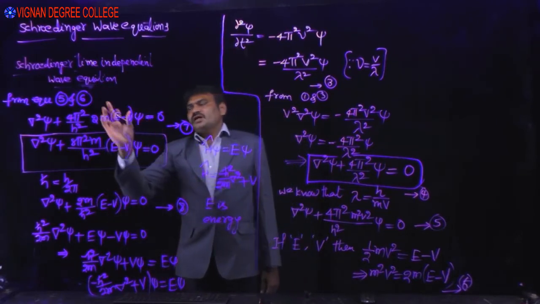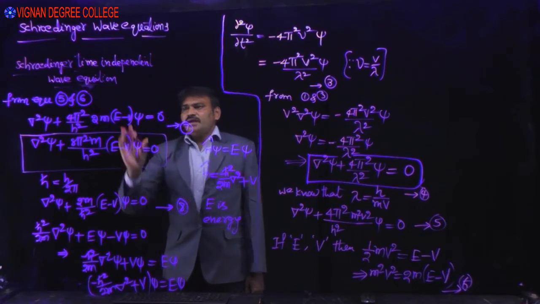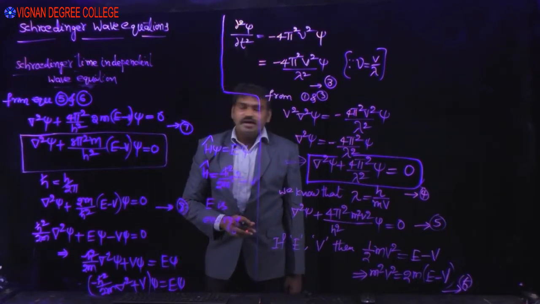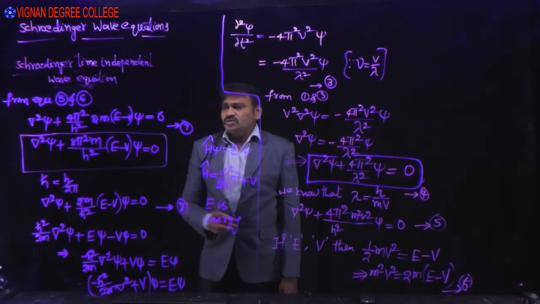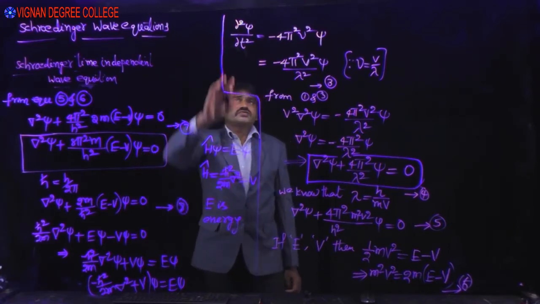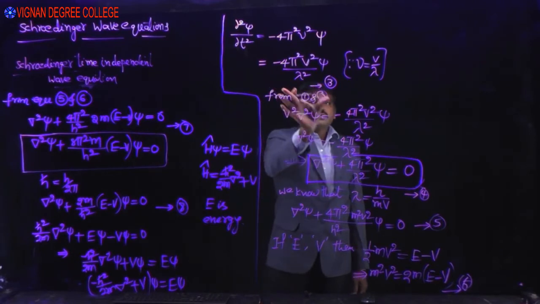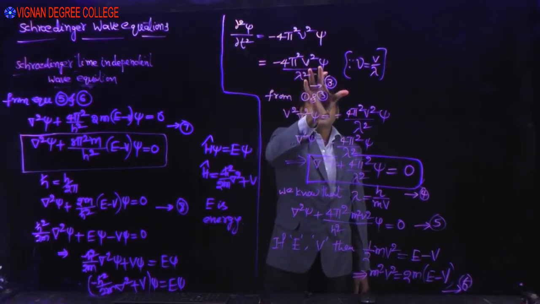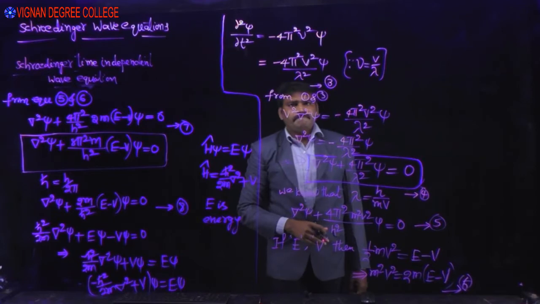First, the classical differential wave equation, and then the solution psi is equal to psi naught sin omega t. Again the solution is differentiated twice. After that we get dou square psi by dou t square is equal to minus 4 pi square v square by lambda square psi.